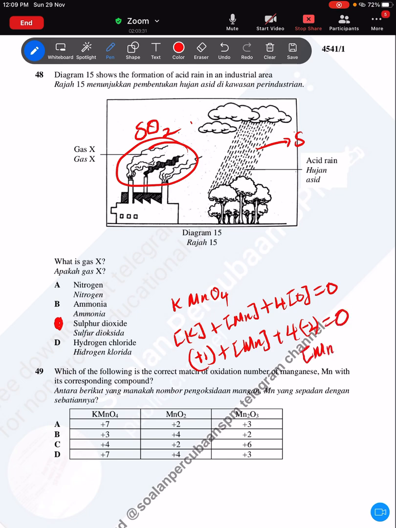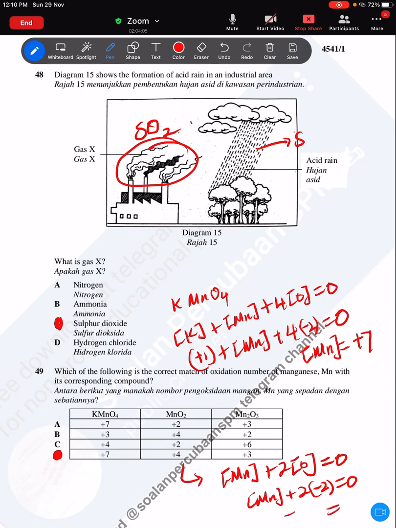You solve the mathematical equation and you get Mn is positive 7. For this one, Mn plus 2O is equivalent to 0. Mn plus 2 times negative 2 equals 0. Then you get Mn is positive 4. So automatically it's D.